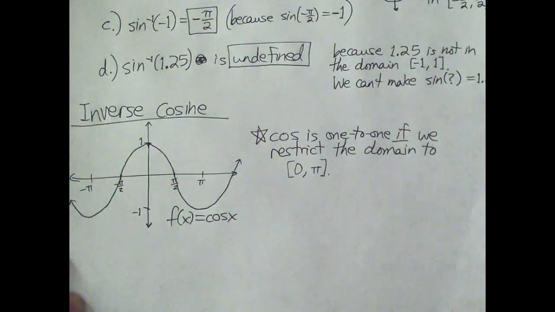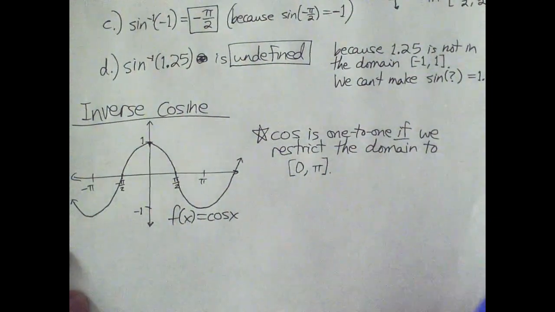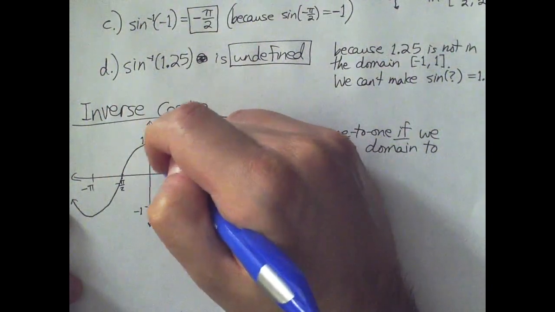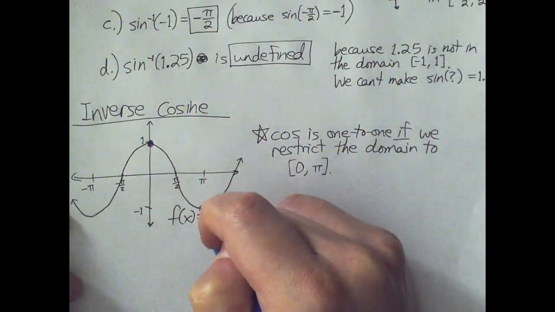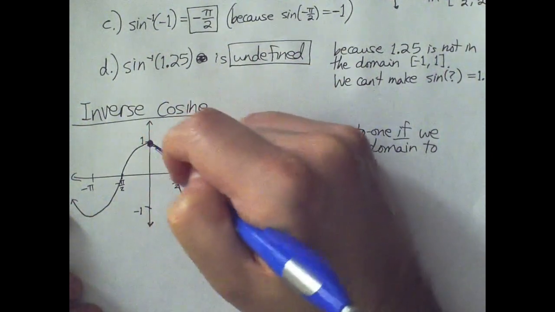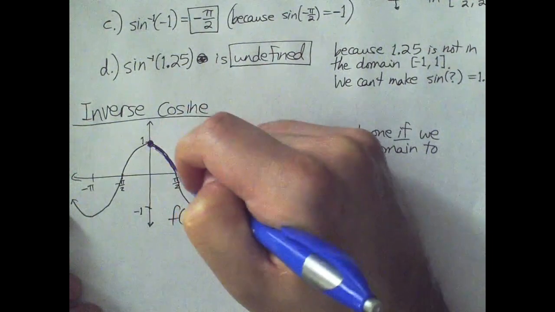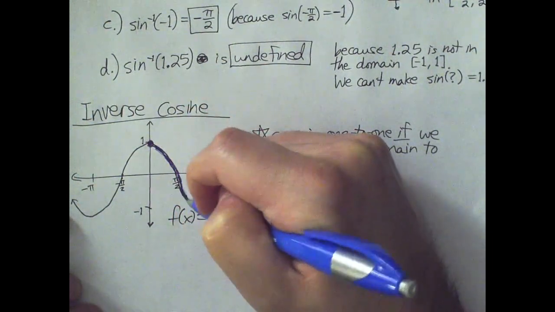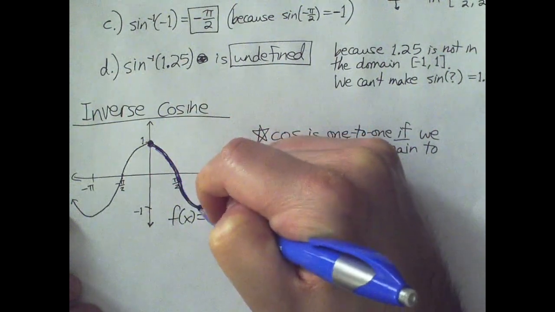0 to pi. So I think what I'm going to do, instead of drawing a second picture, is maybe I can just shade in the part of the graph that we're focusing in on. But draw a second picture if you want, like we did for inverse sine.